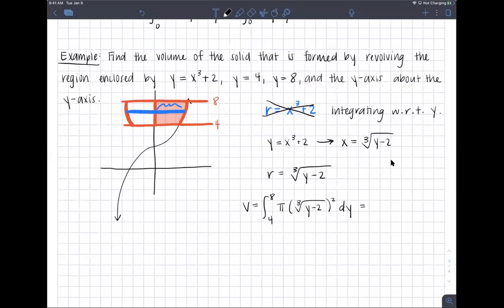You can simplify this a little bit: the integral from 4 to 8 of pi times (y minus 2) to the 2/3 power dy. But then to integrate that, you're going to need u substitution. Do you guys see why?